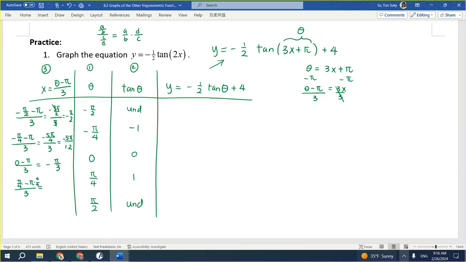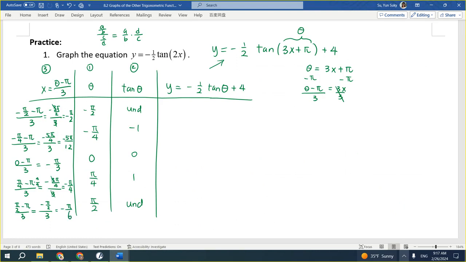Negative 3 pi over 4, over 3. Do you see the 3 cancel? We get negative pi over 4. Finally, pi over 2 minus pi over 3. What is pi over 2 minus pi? Negative pi over 2. And then over 3 is negative pi over 6.